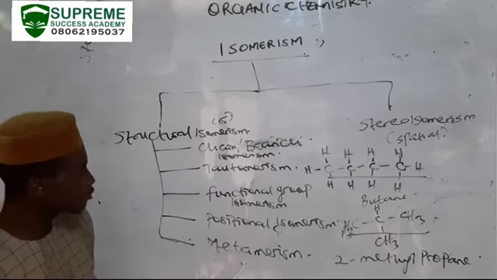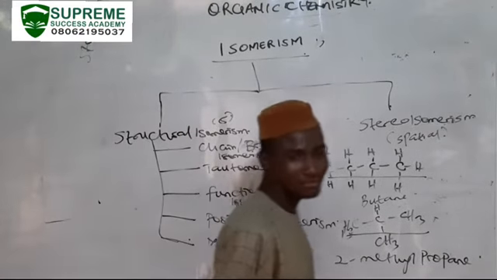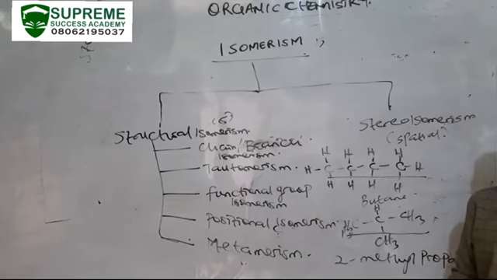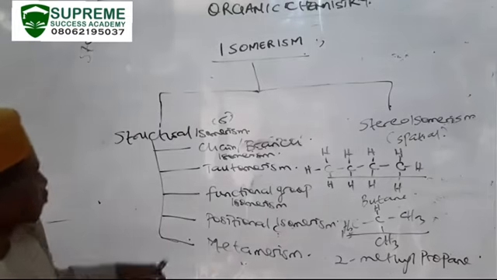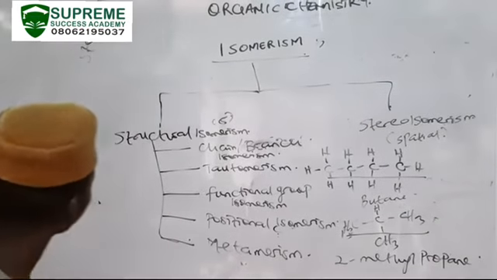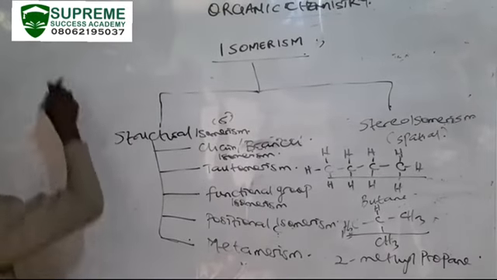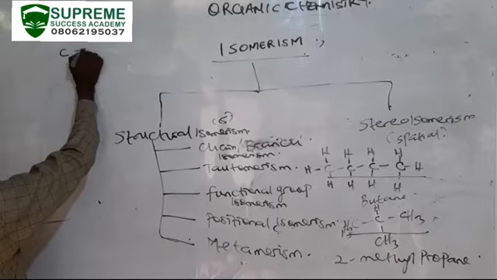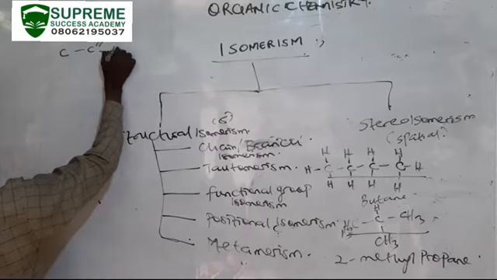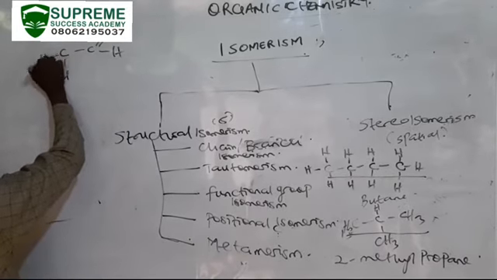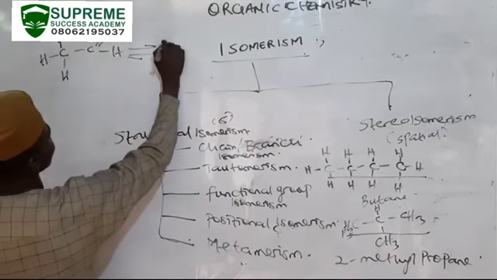Then the next type of isomerism we are talking about here is tautomerism. Tautomerism is common in compounds that have multiple bonds. You can see it in a compound like ethanol. This is ethanol. There's a dynamic equilibrium.